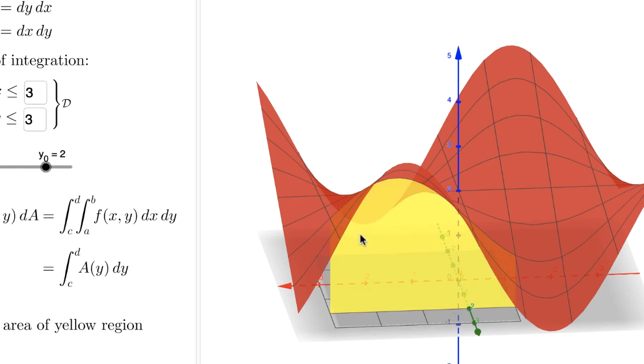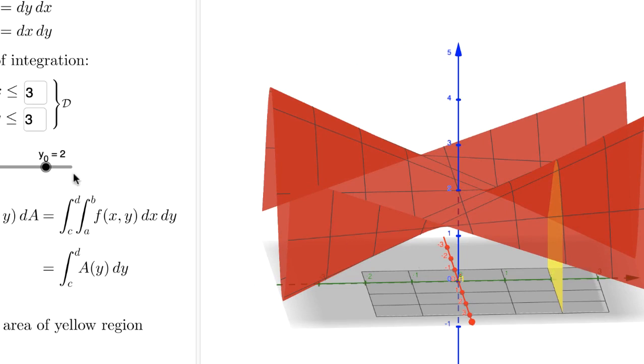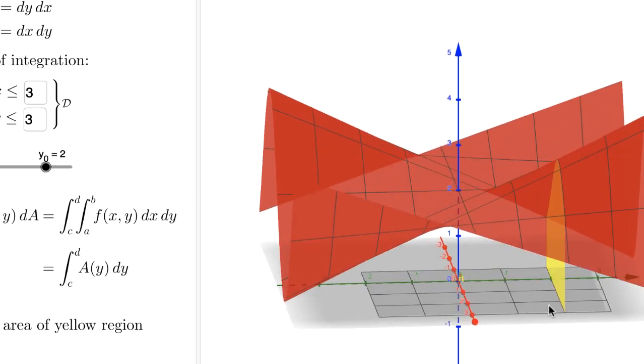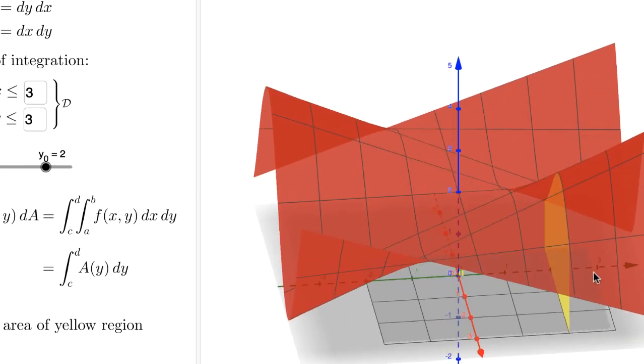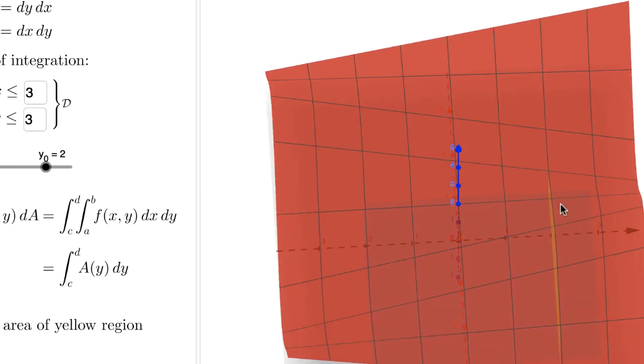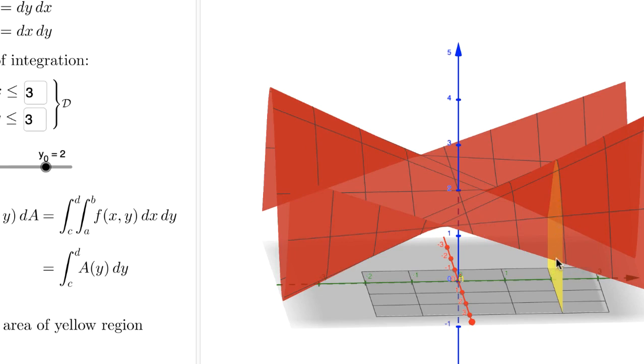So now I switch to the order dx dy, and again that means the following. Here I'm fixing now a value of y first, so y is equal to 2. This gives you a wall which intersects the graph in some curve, which is the one that you see here. And then there's again like a very tiny volume associated to this wall if you imagine that you thicken it a little bit.